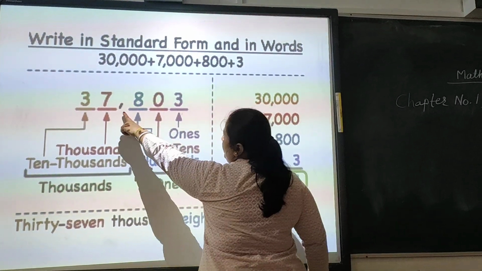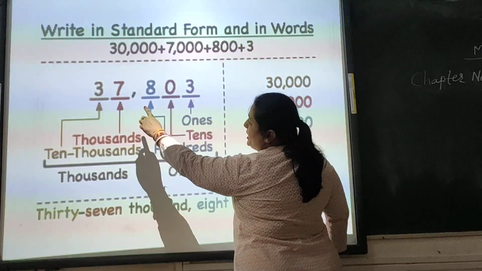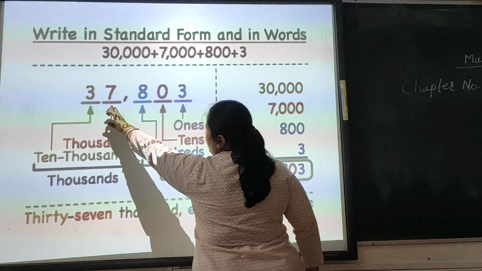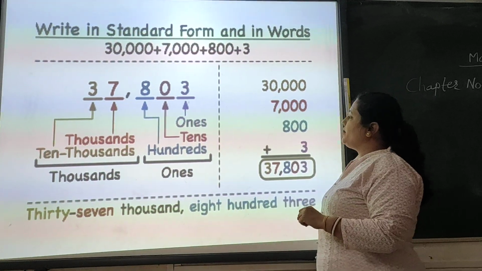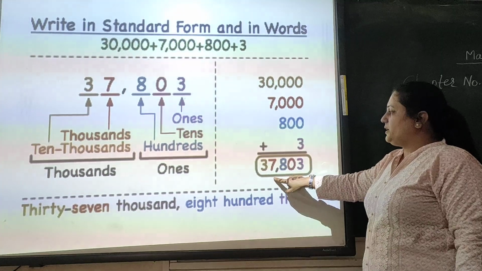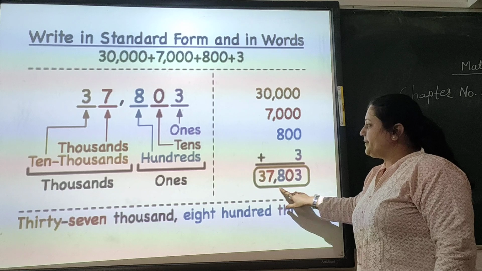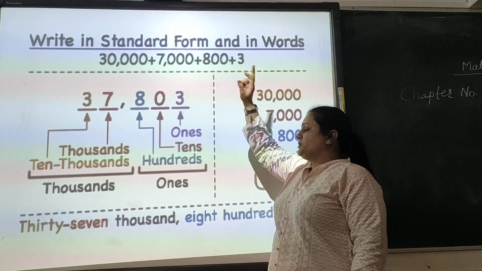Now see here, comma we have given. So this is the ones period. See here periods, and this is the thousand period, 1000 and 10,000 as we have studied. Okay, and when we add these all, we are getting the number 37,803. So this is the standard form and this is the expanded form.